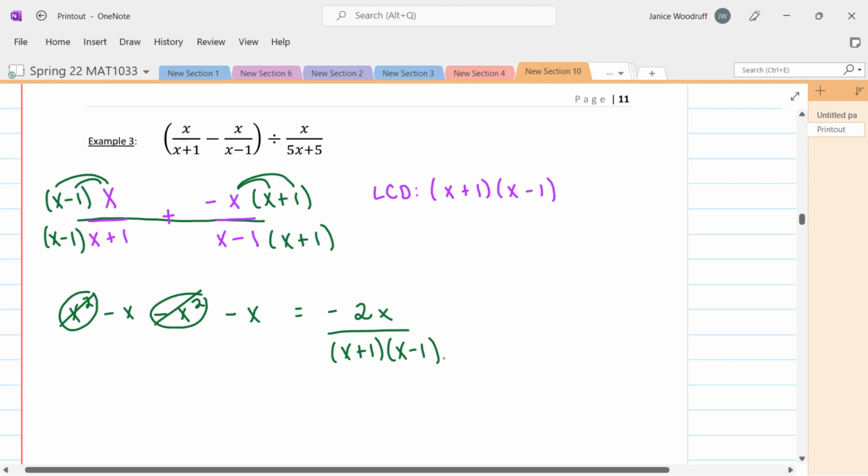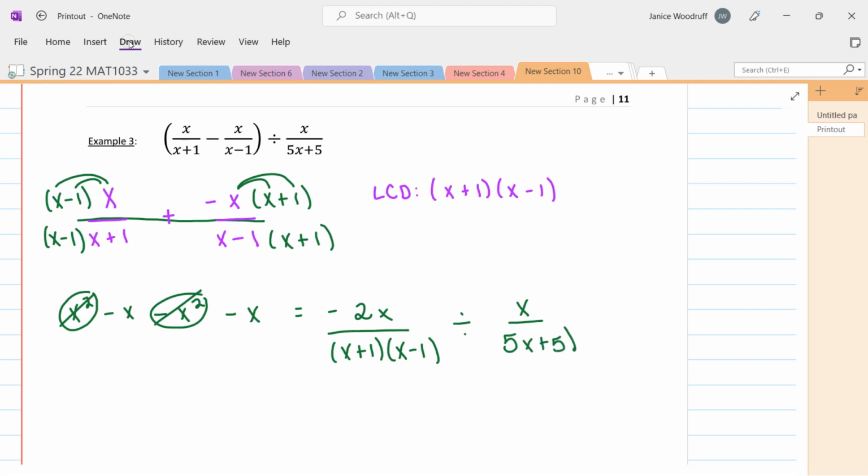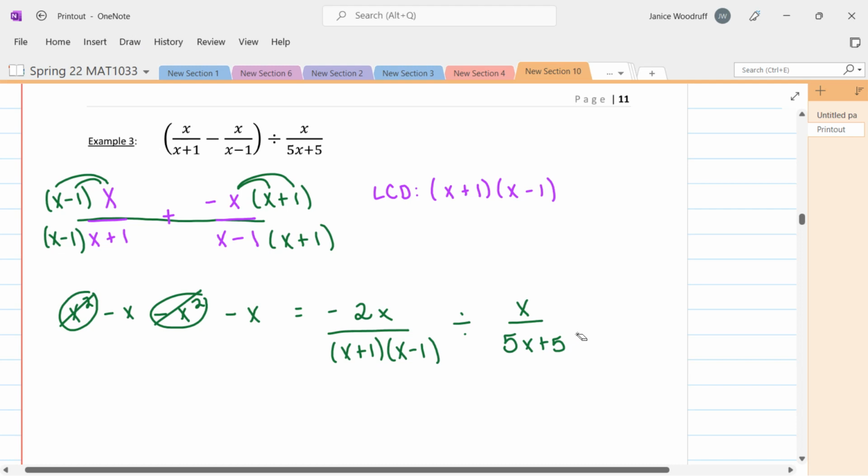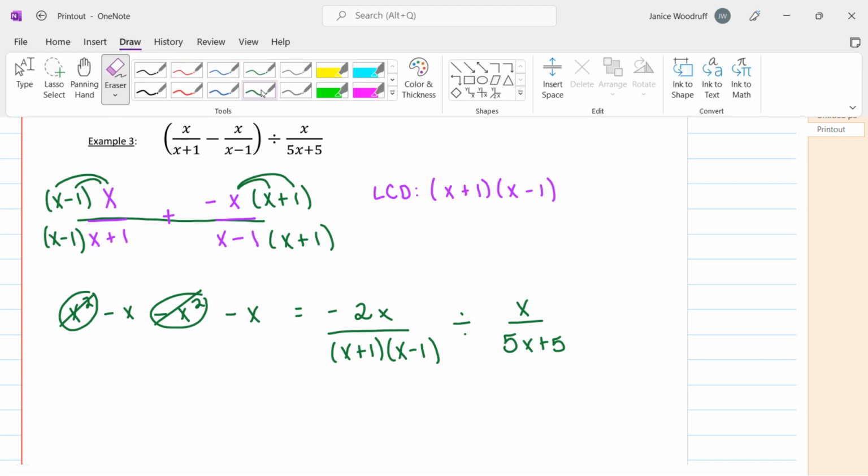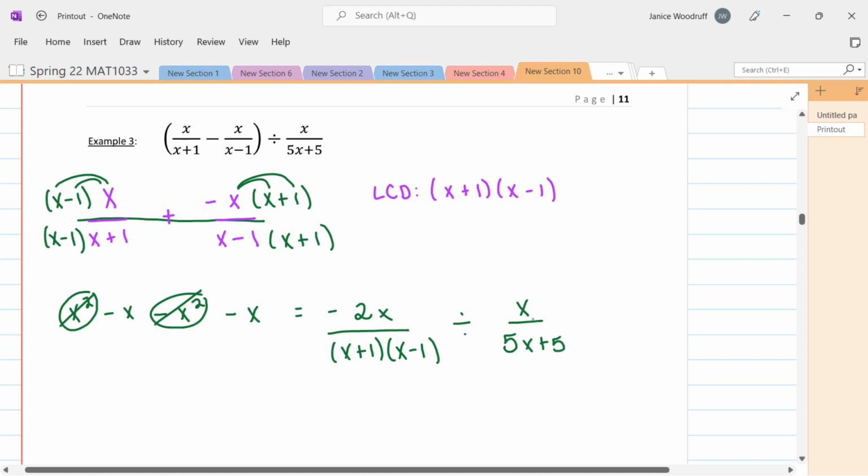Okay, so my grouping, my parentheses, is simplified, so that's subtracted. Now I'm going to divide by x over 5x plus 5. Oh, no parentheses there. Okay, can I factor anything in the second fraction? Yes, I can. I can make this 5x plus 5.